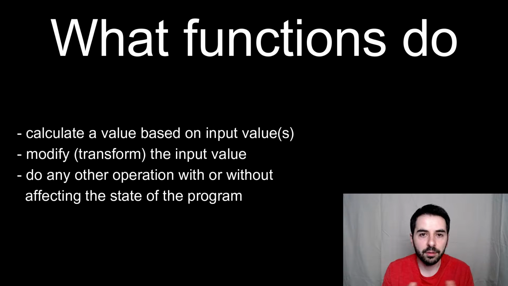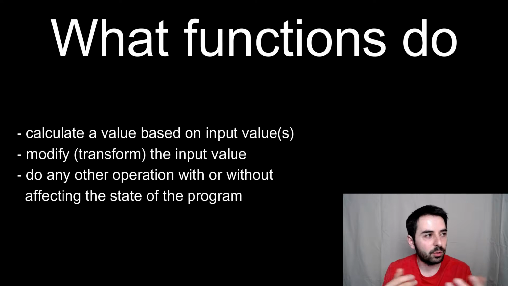have another side effect. When we say a side effect, it's anything that happens other than modifying the input or making a calculation based on the input value or values. So a function can have a side effect without affecting any of the program state.